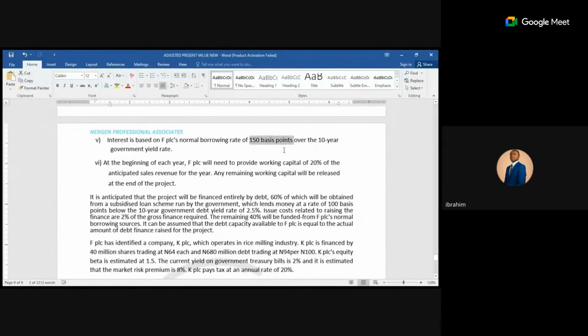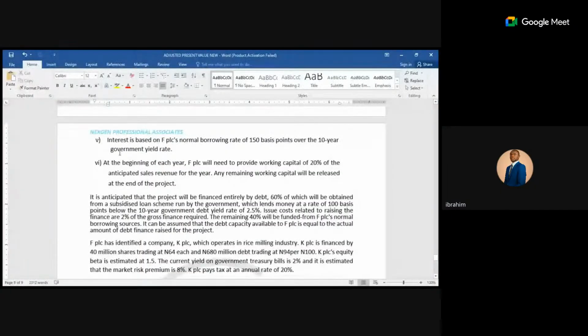So this is the amount they borrow, and this is the rate at which they borrow over the government yield. We'll get there when we get to the PV of financing effect.